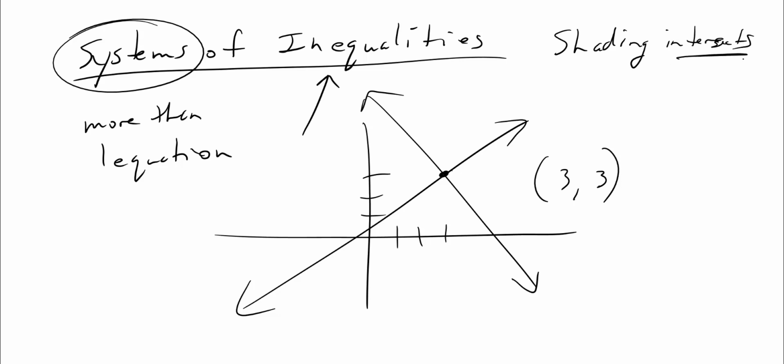Now we don't really use the word intersects for shading, we basically say where the shading overlaps. So we're going to graph both inequalities, shade one, and then shade the other, and where the shading is by both of them, that's going to be the solution to our systems of inequalities. Okay?